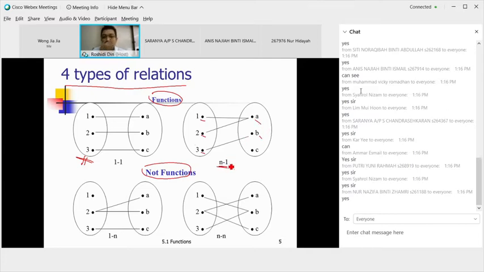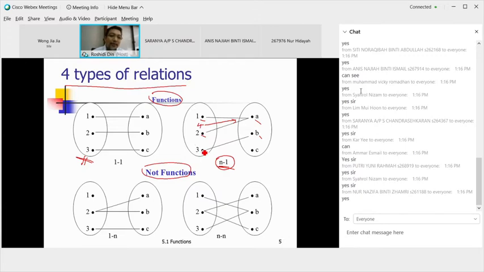It means many to one: here 1, more than 1. Here 2, maybe we have another value that maps to A. It can also be a function. As long as it can be identified as many to one, it means function.